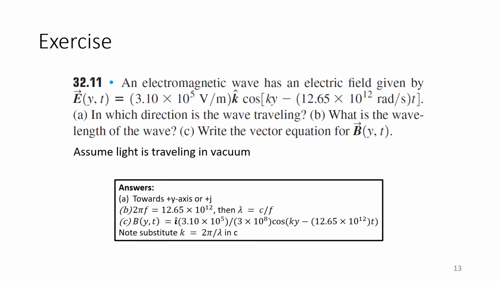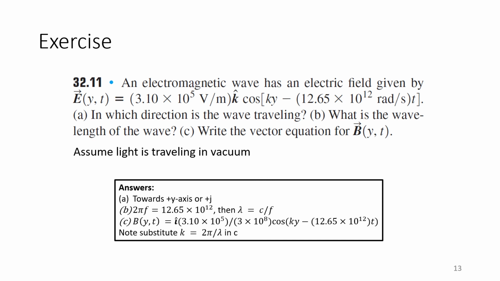Now, to answer A, all we need to do is to check what positional variable is the field dependent on, as well as the argument of the trig function. In checking the argument of the cosine term, we see that the wave should propagate in the positive y direction, or plus j hat. The wavelength of the wave is determined by the wave speed equation c is equal to lambda f.